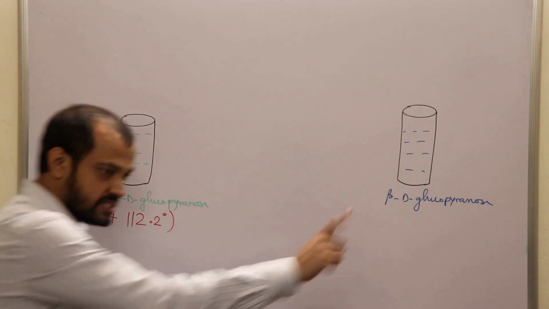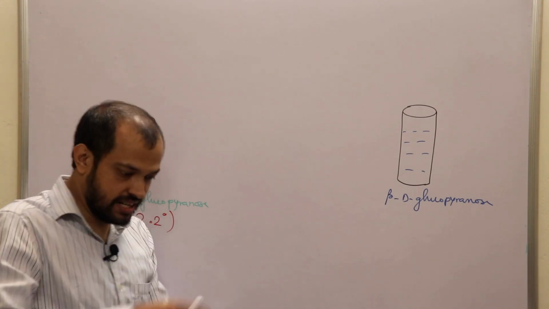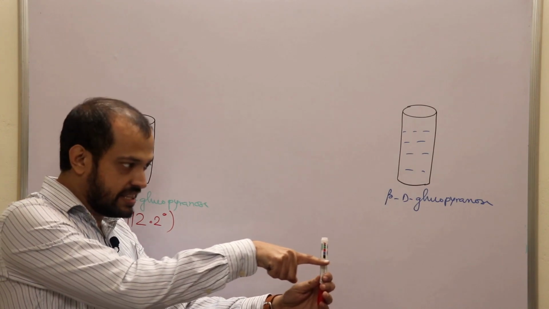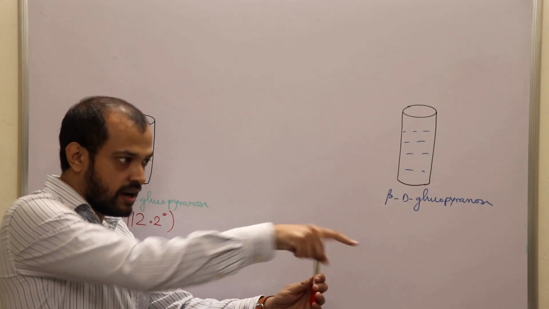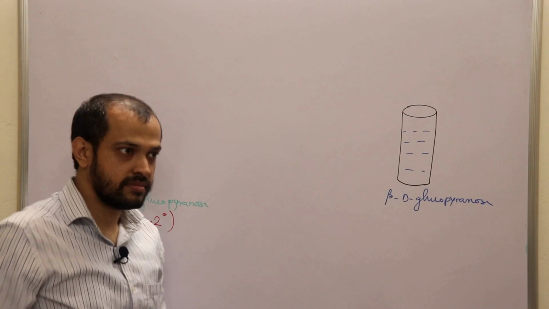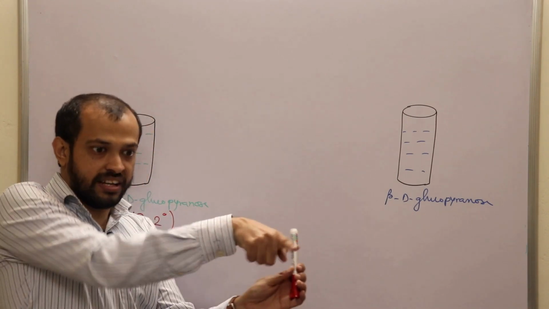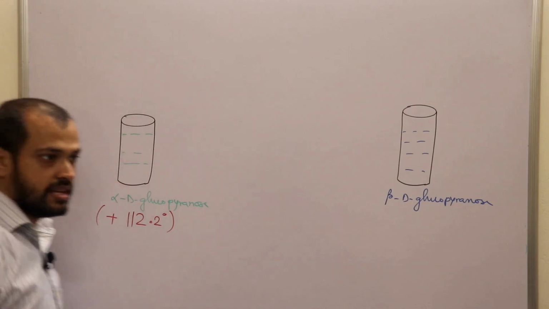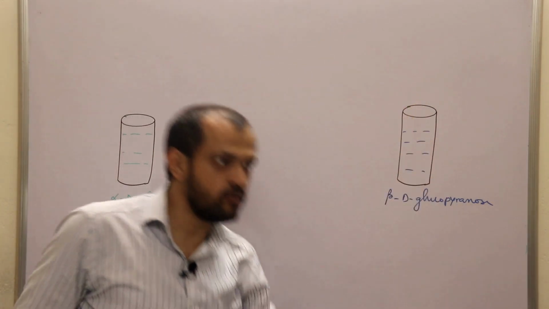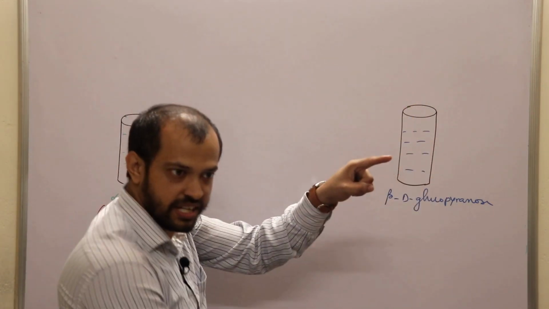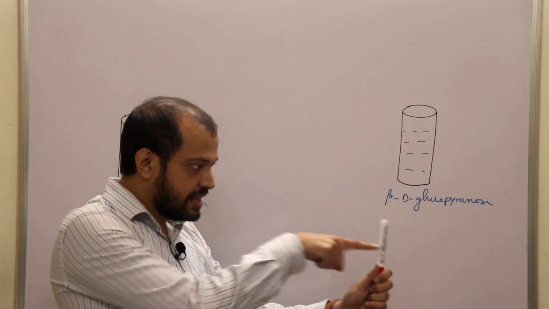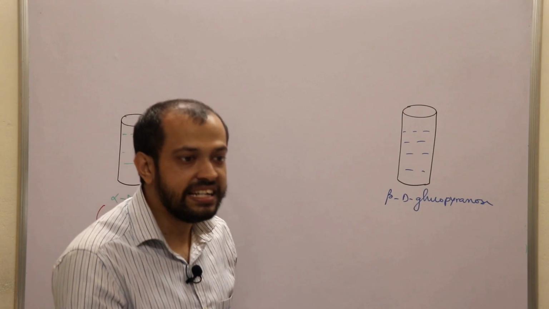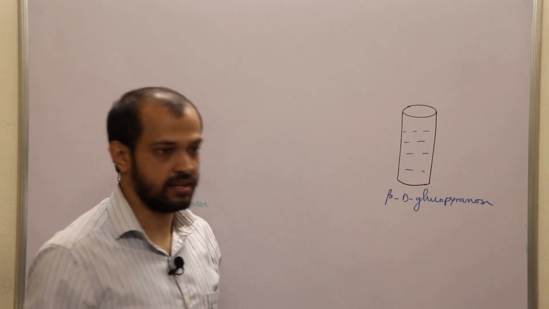Suppose she is standing here and I am the light particle. If I interact, the angle of rotation will be 112 degrees, which is more than 90 degrees. I will rotate like this. But if she was a beta D-glucopyranose, then her angle of rotation will be only 18.7 degrees, positive.